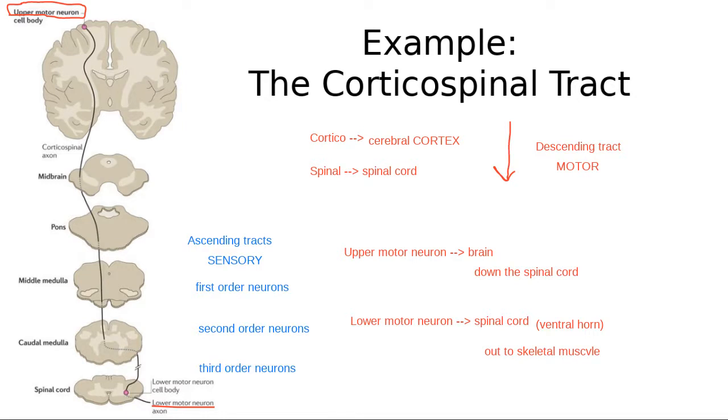My first order neurons were the neurons that had the receptors, and they went to the dorsal horn of the spinal cord. Those second order neurons started in the dorsal horn, and they traveled up to the thalamus. And the third order neurons were in the thalamus, and they went up to the post-central gyrus.